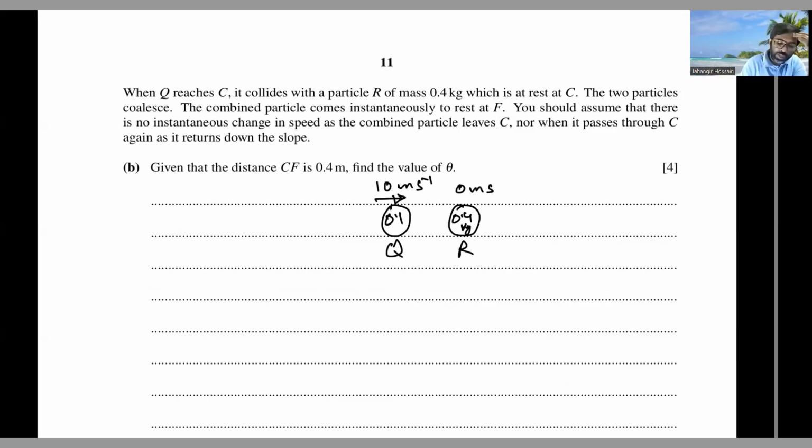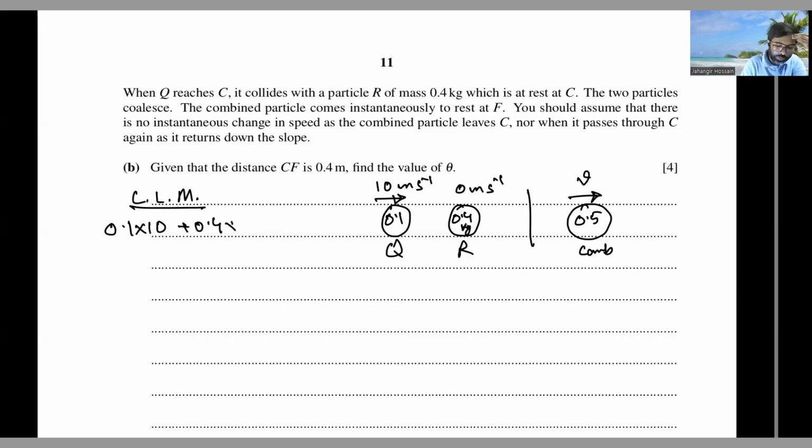After collision, they form a single particle of mass 0.5 kg, the combined particle, and move together with V. You have to figure out V. If you apply the conservation of momentum, the sum of momentum before collision, 0.1 into 10 plus 0.4 into 0, equals 0.5 into V. So V is 2 meters per second. So the combined particle moves with 2 meters per second.